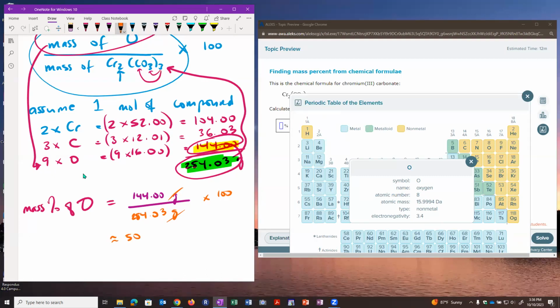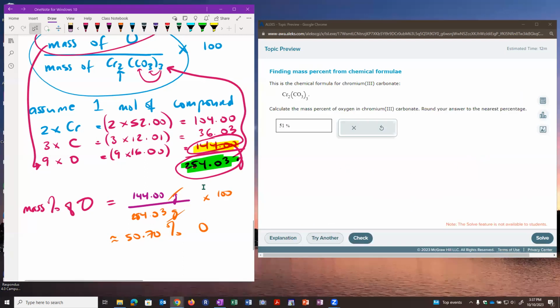Let's see, we have 50.70% oxygen in our sample of chromium(III) carbonate. In this case, it says to round your answer to the nearest percentage, so this would be rounded up. This would be 51% as the solution.